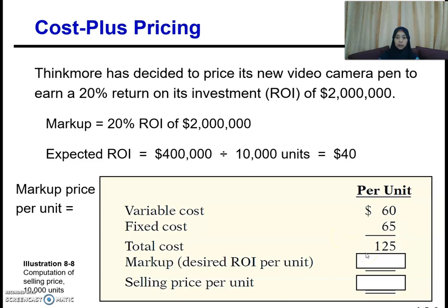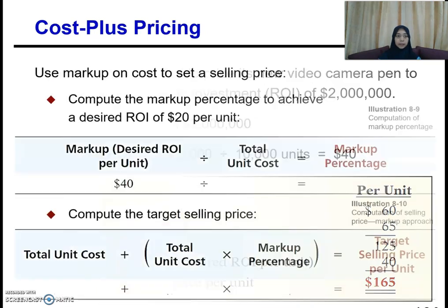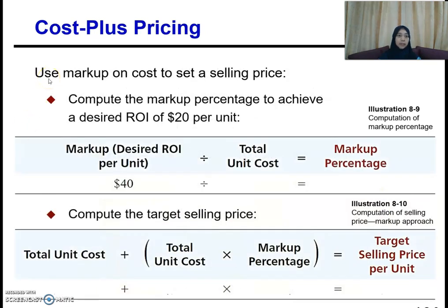So your total cost is 125. And then your desired ROI per unit or your markup just now, you have worked out. Your markup is 40 here. Your markup per unit is 40. So your selling price will be your total cost plus your markup, which gives you 165.